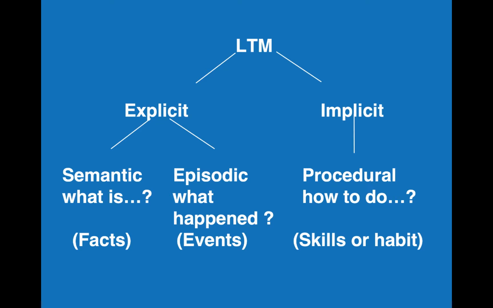So your skills or habits, you just do. You do not know how you can do it. In other words, it's difficult to describe and verbalize how you do it by retrieving from long-term memory. We will compare explicit and implicit memory a little bit later.